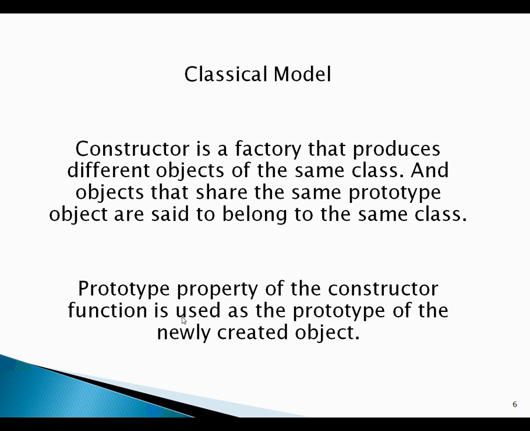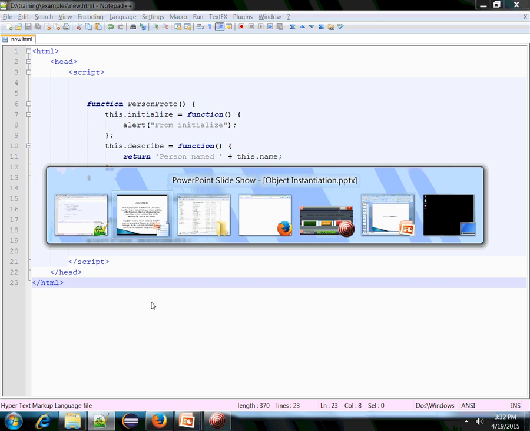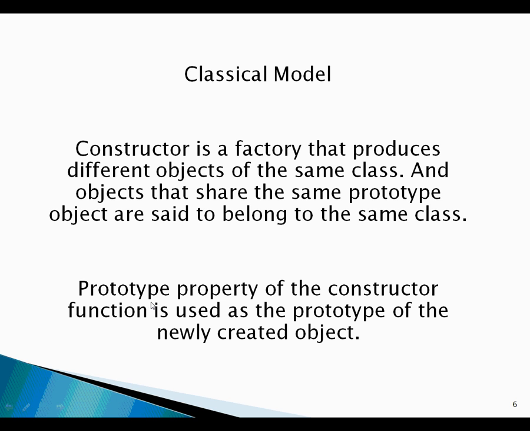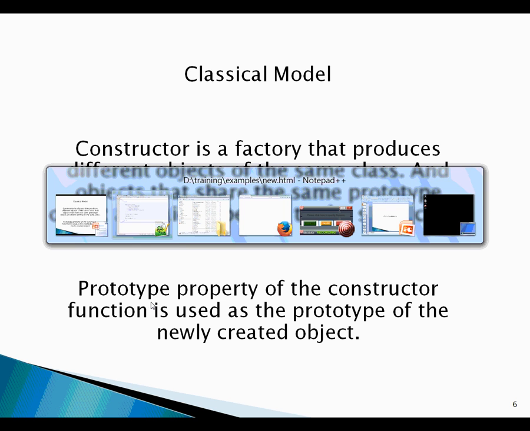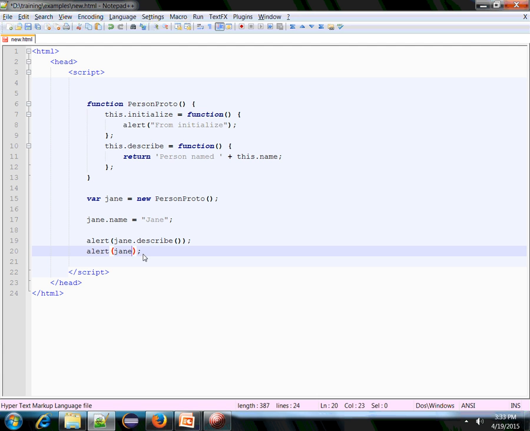Constructors are expected to be a factory that creates different objects of the same class. And in this example, you would have seen that the prototype property of the constructor is what will equal the proto property of the Jane object.